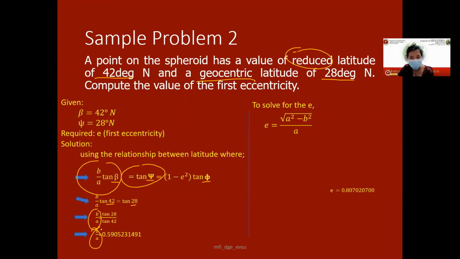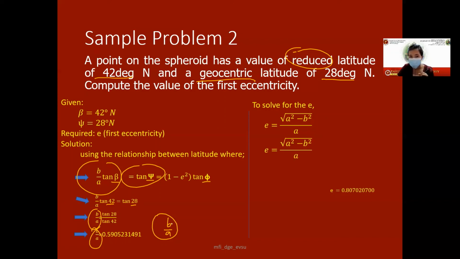Then we can simplify this formula so that we can make use of the value of b over a. We can either multiply this by the denominator or remove the square root of a squared minus b squared.